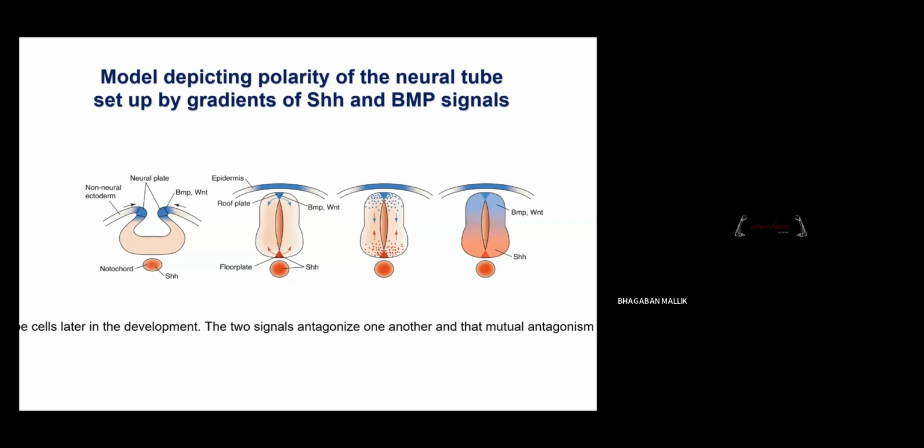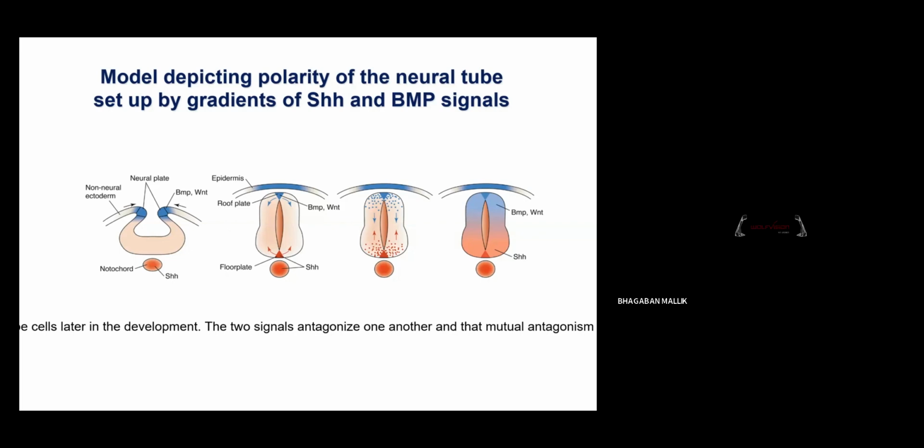So first, after gastrulation, you have notochord formation. Then you have activation of sonic hedgehog. The sonic hedgehog secreted from the notochord defines the ventral polarity, and it transcribes the genes required for the ventral development of the nervous tissue.